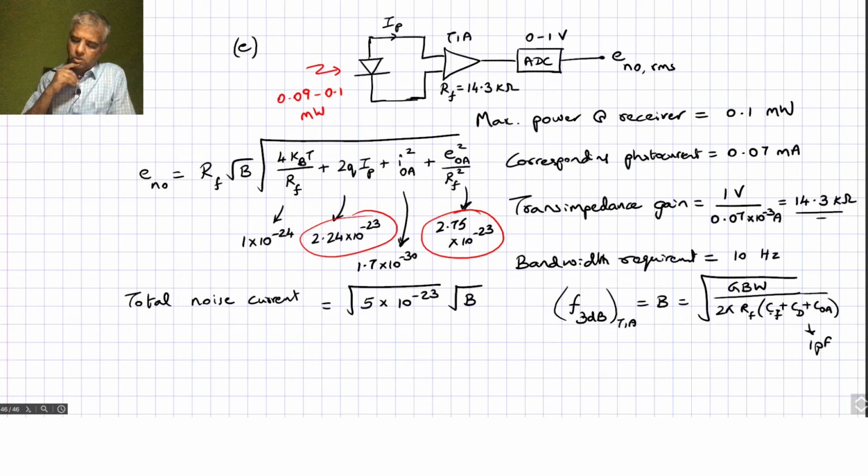So what about CF? In this case, we want to limit the bandwidth. We already know that RF corresponds to 14.3 kilo ohm, right? We need to constrict the bandwidth so that you do not accumulate a lot of noise. You need to basically low pass filter your receiver, whatever the received signal is.